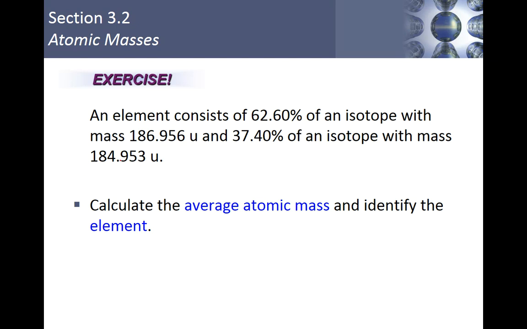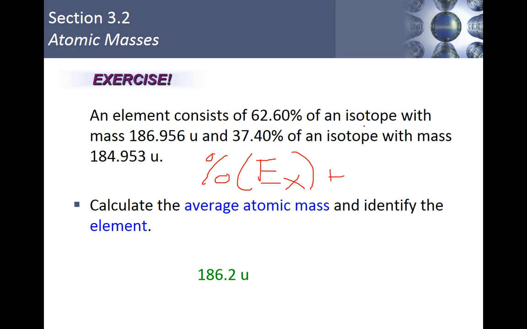We would calculate the average atomic mass using the exact formula I listed earlier: the percentage times the mass of each isotope, and then you add them together.